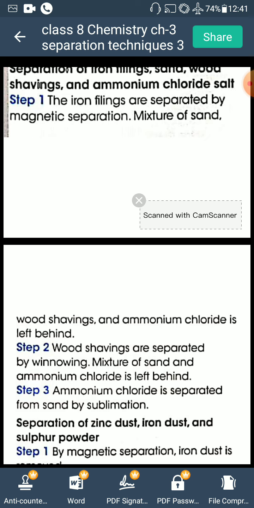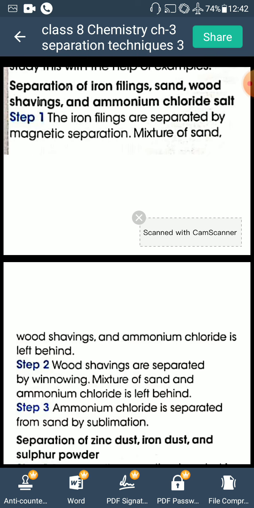In the second step, wood shavings are separated by winnowing, and the mixture of sand and ammonium chloride salt is left behind. In the third step, ammonium chloride is separated from sand by sublimation, because ammonium chloride can sublime but sand cannot.